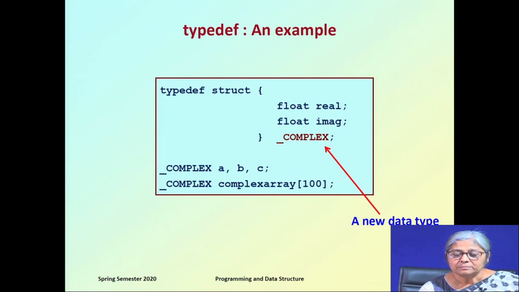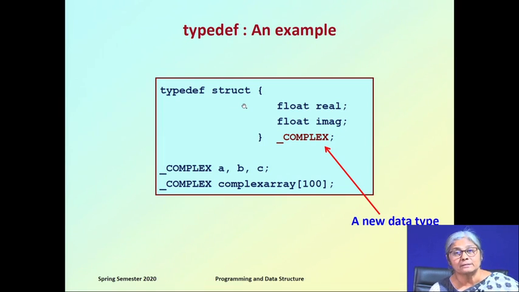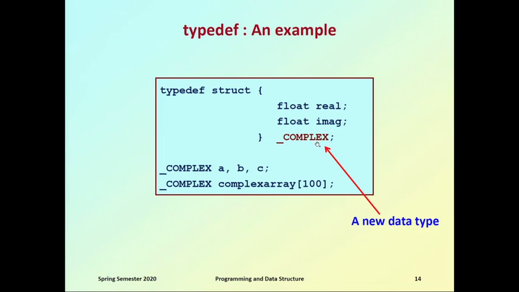Now, similarly we define a complex data type. So, typedef struct, since it has two values, real part and imaginary part: float real, float imaginary, and we give the name complex. So, this is a new data type.